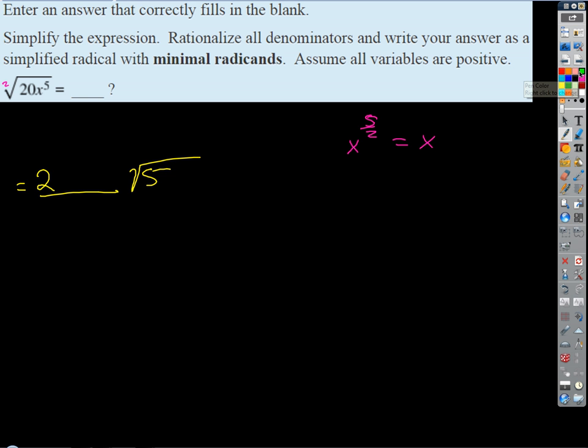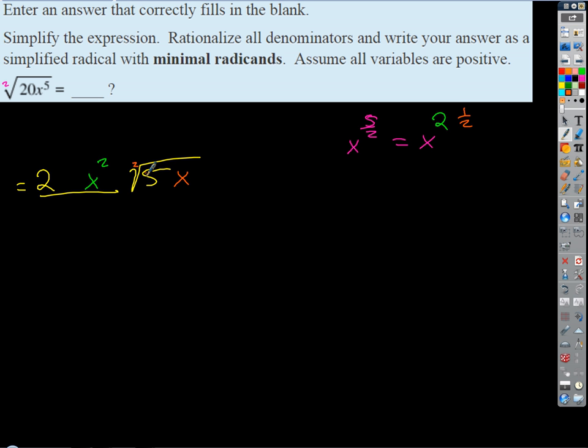X to the what? 2 and 1/2, right? So that just gives us an x squared outside, and it gives us an x to the 1/2 inside, right? Done. Okay. Does that make sense?